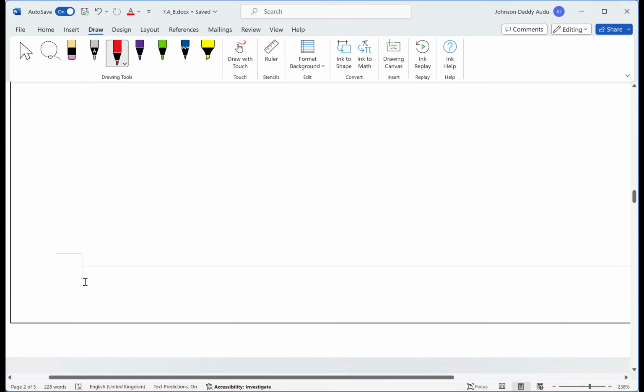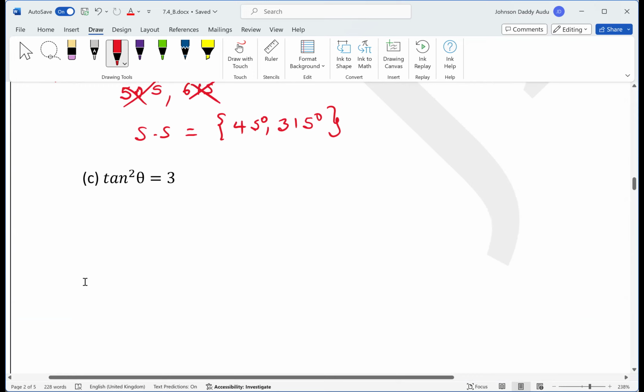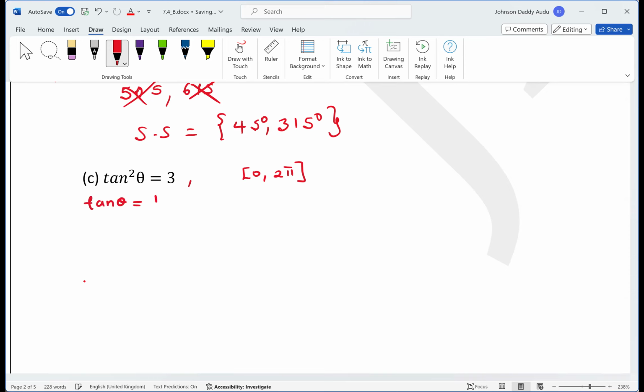So let's see here. Let's make a restriction here, and let's say we add just from 0 to 2 pi. So here we can solve directly. We just square root both sides. So this means that tan theta is going to be plus or minus what?